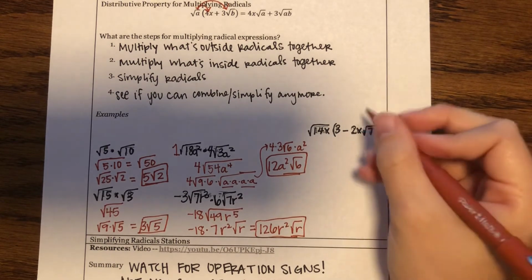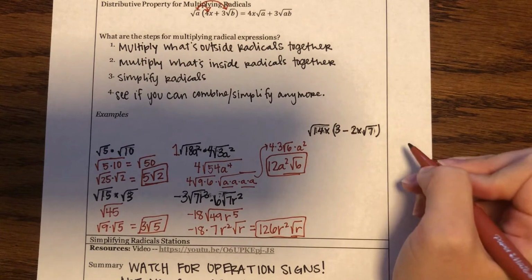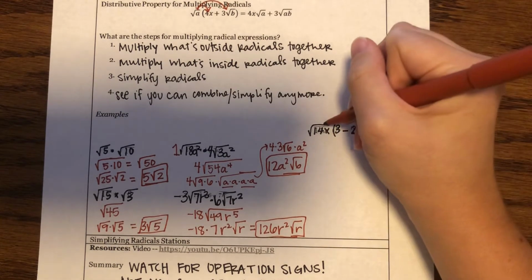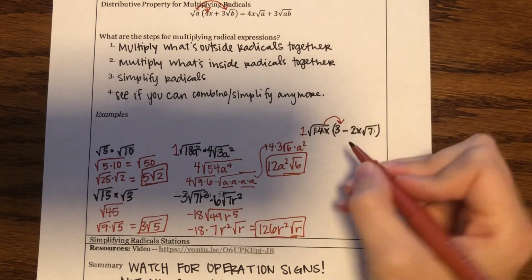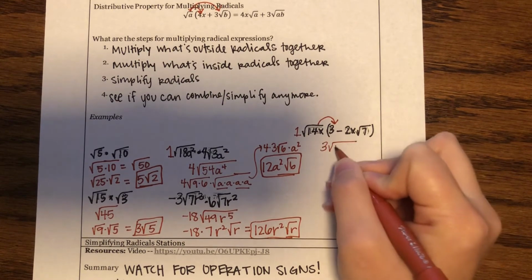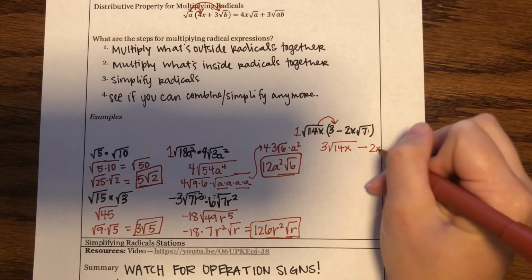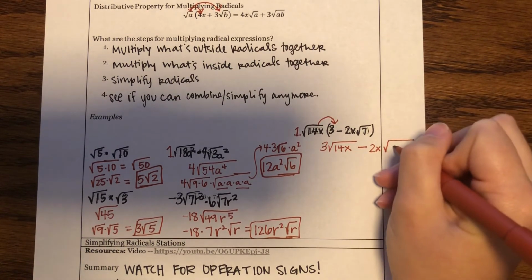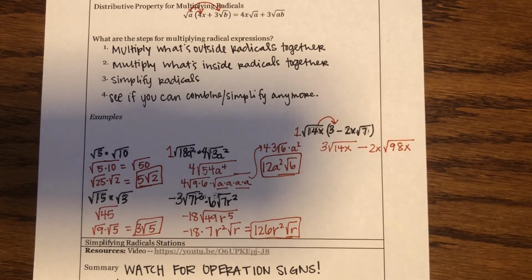And then our final one, 14 square root of 14x times 3 minus 2x square root of 7. We're going to use our distributive property, so we're going to multiply this. Again, there's an understood 1 outside of that radical if there is no number, so we will have 3 square root of 14x minus 2x square root of 98x when we do 7 times 14x.